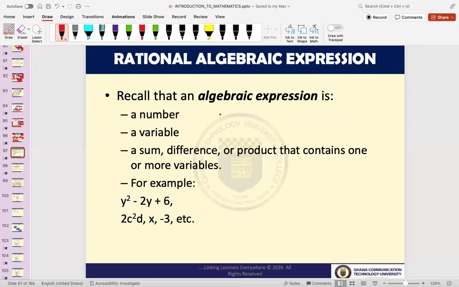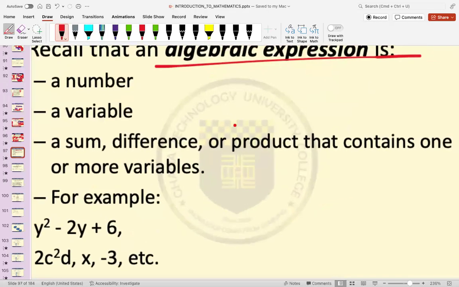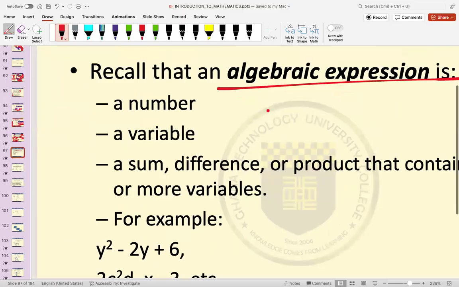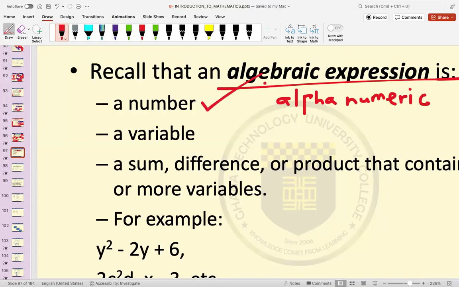Now, in algebraic expressions, remember the other time we were learning some stuff. We learned that algebraic expressions are alphanumeric. It means that they are combinations of numbers and alphabets. The number part, we called it a number.